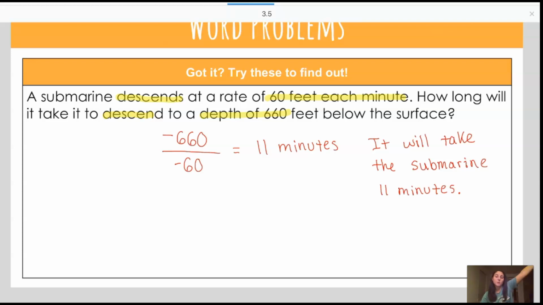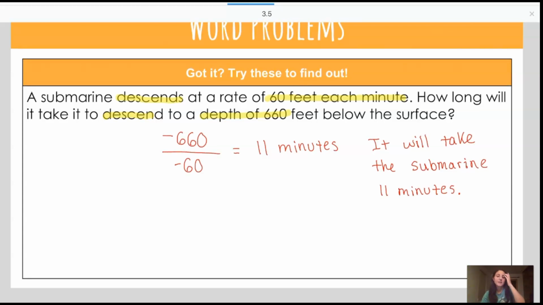So we want to get to a total of negative 660 feet, and then we're going to divide that by how many feet we get to go down per minute. So negative 660 divided by negative 60 to get positive 11 minutes. So it will take the submarine 11 minutes to go to a depth of 660 feet.